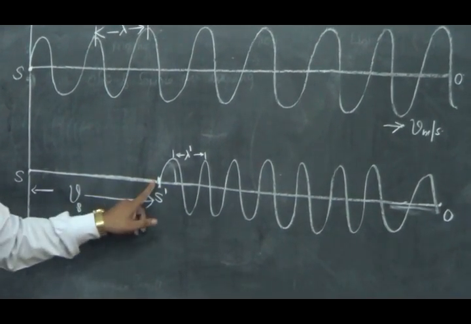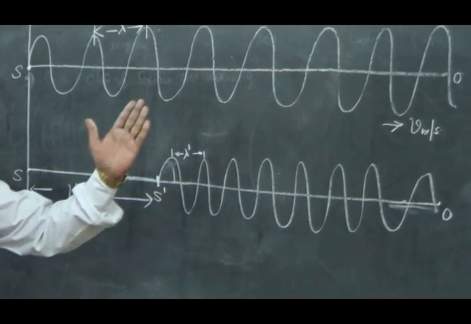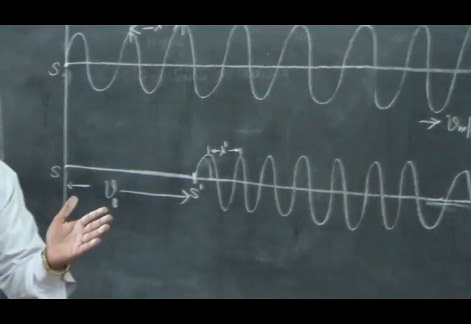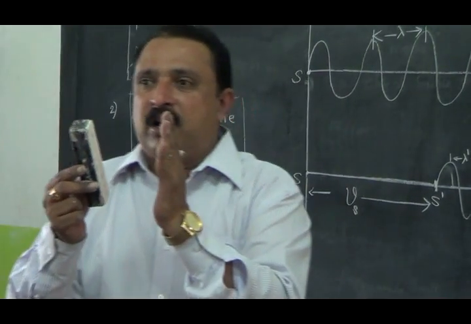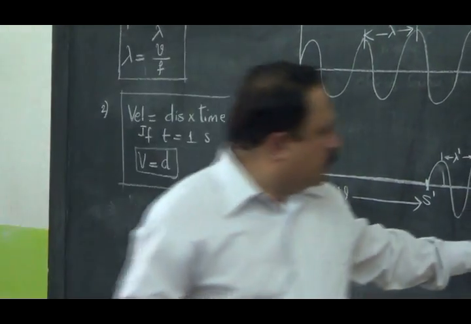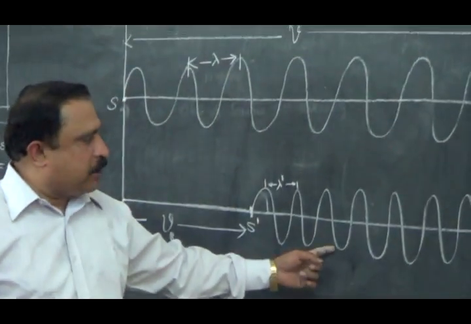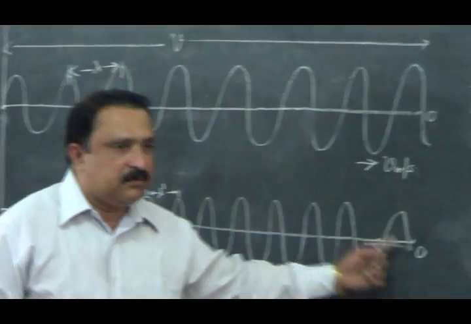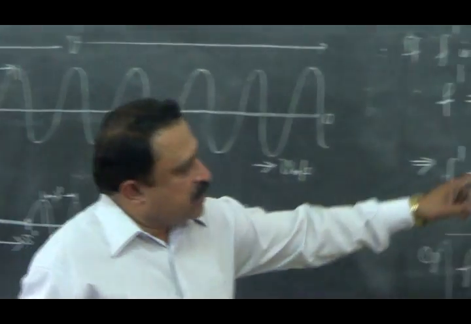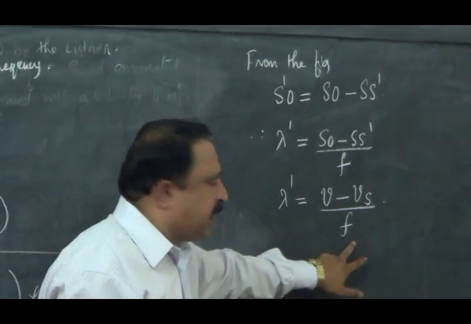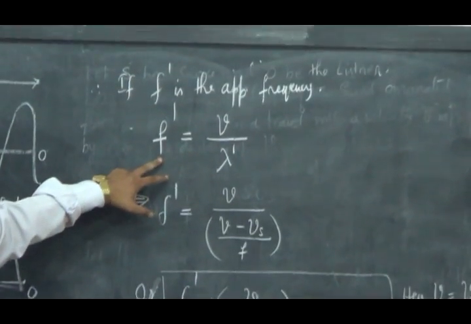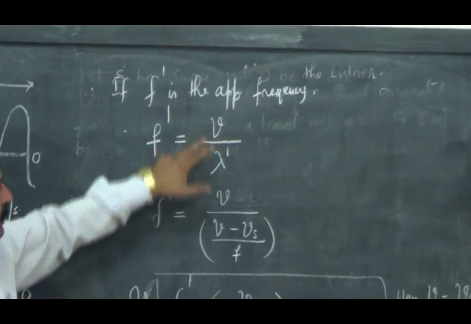When the source comes to S dash, the waves get compressed. The wavelength becomes smaller. So, all these waves now have to be accommodated within this region. And that's why you get the new wavelength, which is (V minus Vs) by F. Substituting into the formula for apparent frequency: the general formula of frequency is F equals V by lambda.